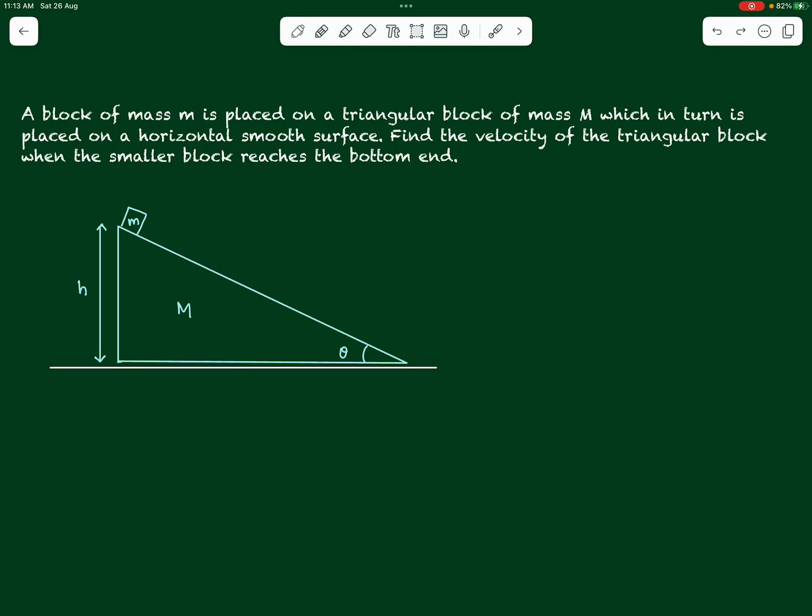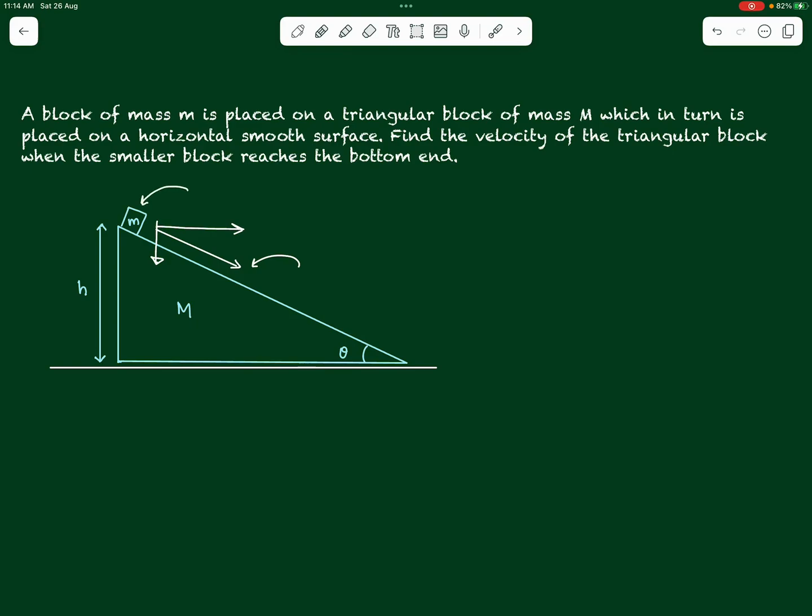Second thing is, because of the gravitational pull the small block m will tend to come down. As it comes down, it will move along the inclined plane of the bigger block. Do we understand that this motion will have a vertical component downwards as well as a horizontal component rightwards?